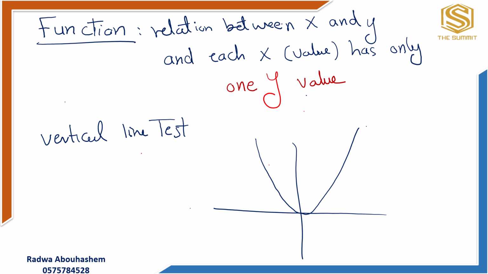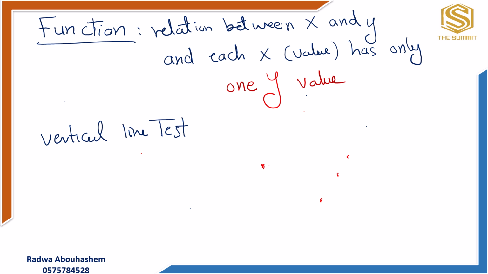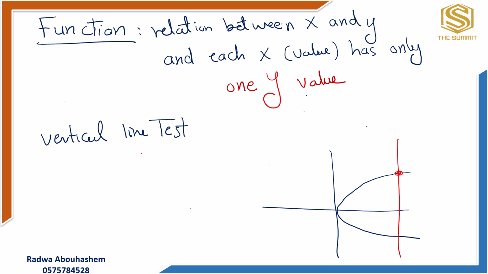So this means this is a function. No matter where I draw the vertical line, it cuts it at one point. What if I have something like this? Let me draw the vertical line. You see it cuts the graph at 2 points. So this is not a function.